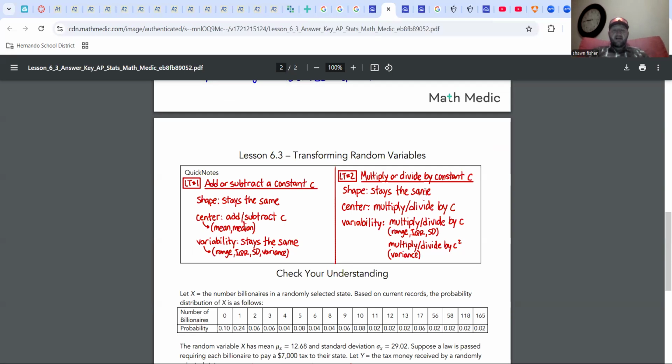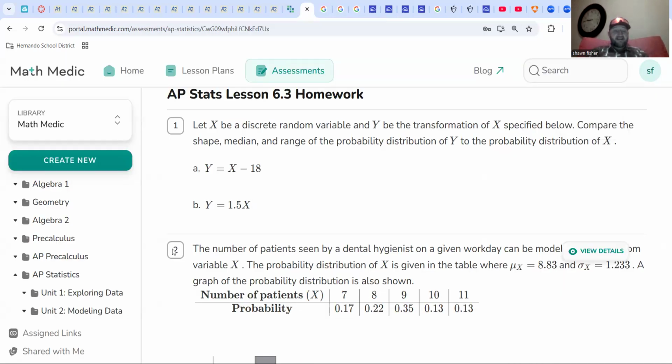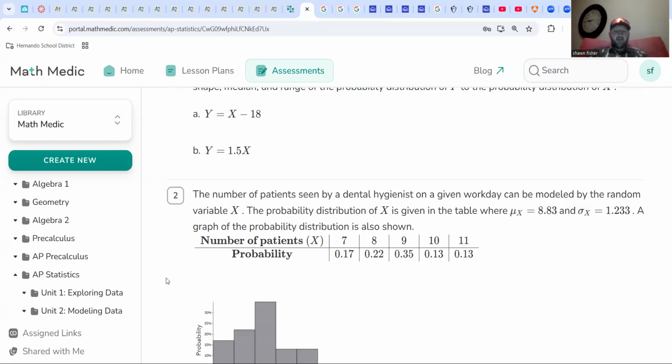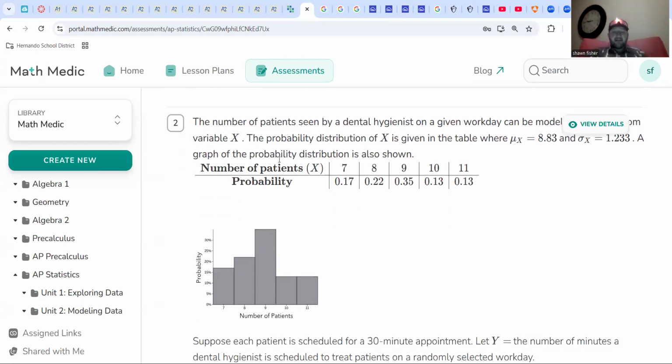Okay, let's go on down to the next part and do some actual mathematical examples. The number of patients seen by a dental hygienist on a given workday can be modeled by the random variable X. So I have 7 patients, 8 patients, 9 patients, 10 patients, 11, each with a probability, 0.17 and so on.